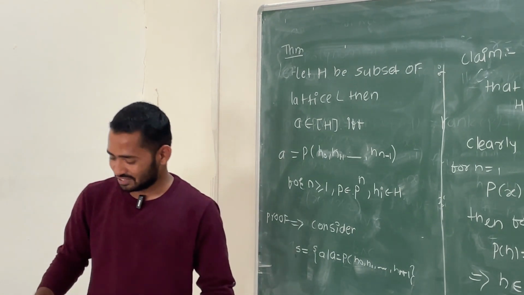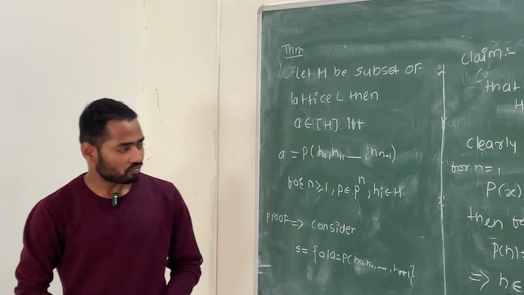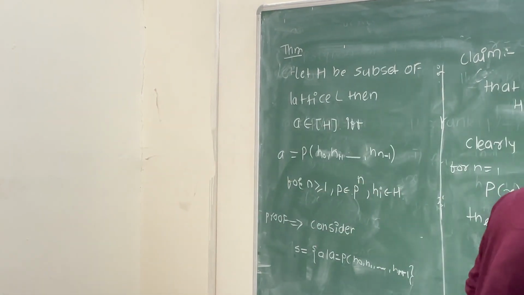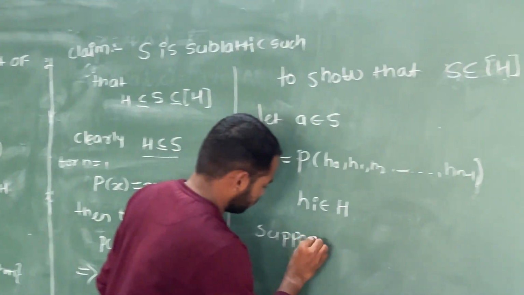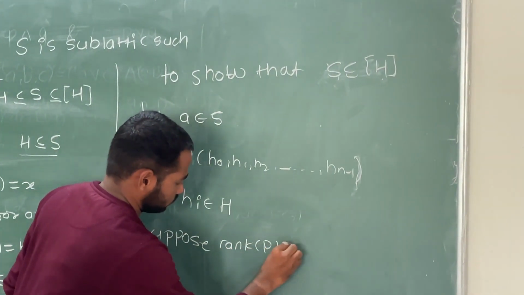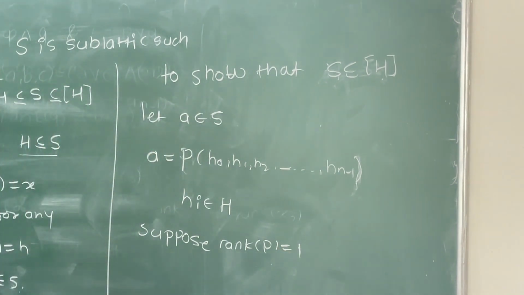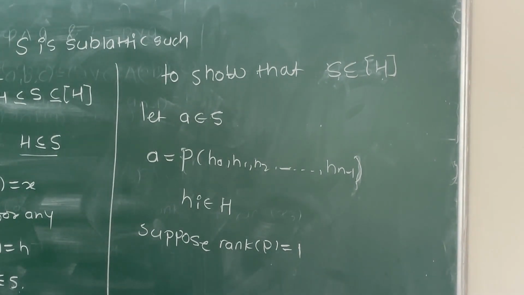See, suppose rank of P is 1. What is the meaning of rank of P is 1? It is a monomial. Okay? That means P of x0 up to xn minus 1 is some xi.